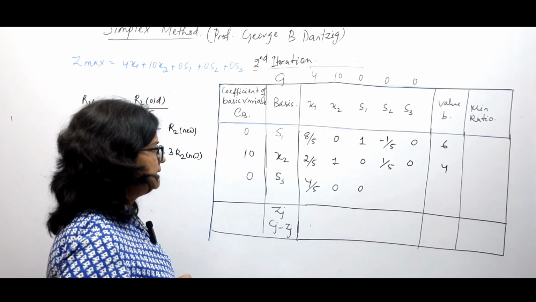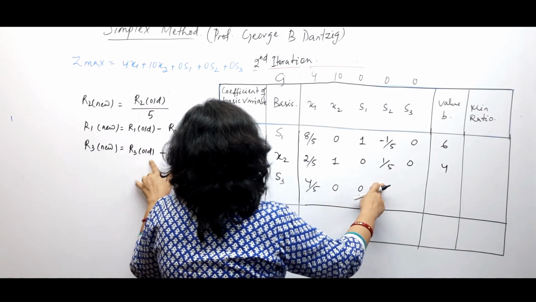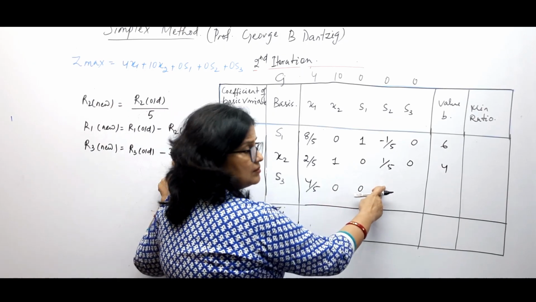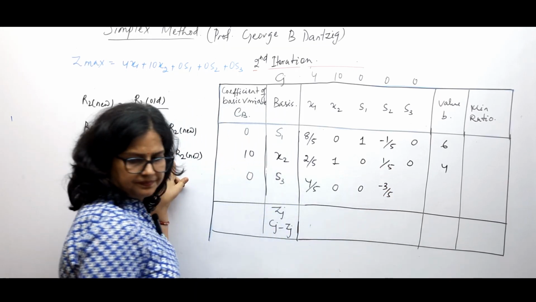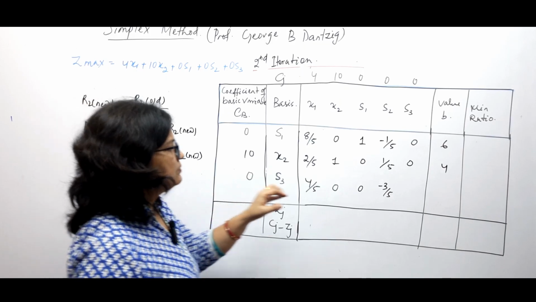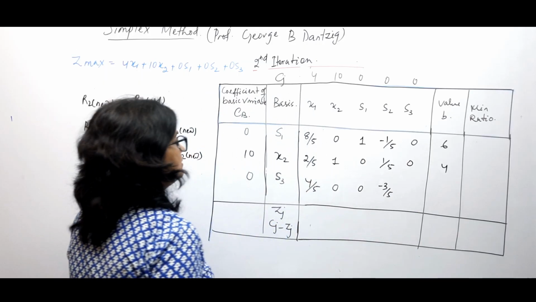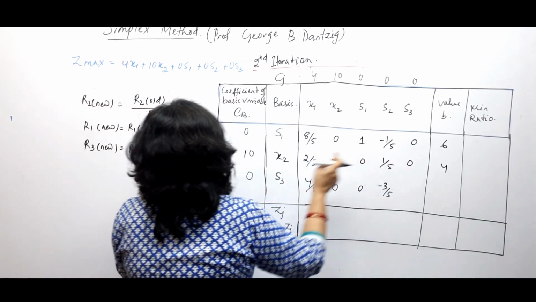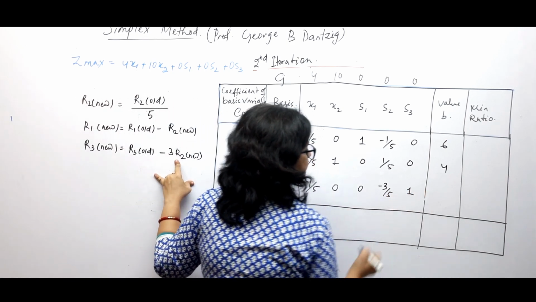So 0 minus 3 into 1 by 5 means minus 3 by 5. Then in our previous table, this one is 1. 1 minus 3 into 0, 1.